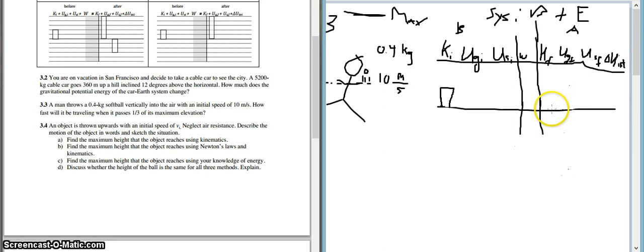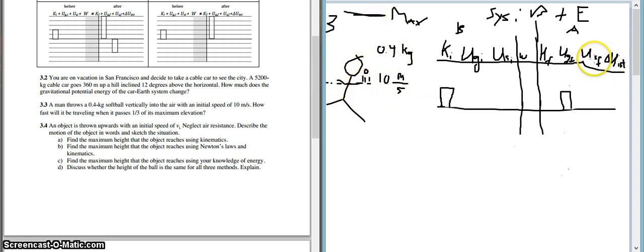The after is at the max height, and at the max height, the ball is not moving, so there will be no kinetic energy. At this one point of time, the ball will not move at the very top. However, we have to have energy conserved on before and after, so there has to be gravitational potential energy. There it is, because the ball at this point is above the 0 line we have created.